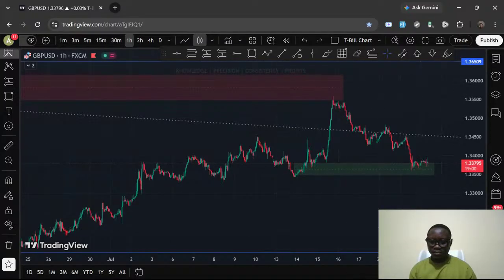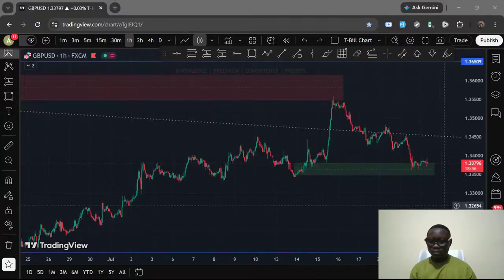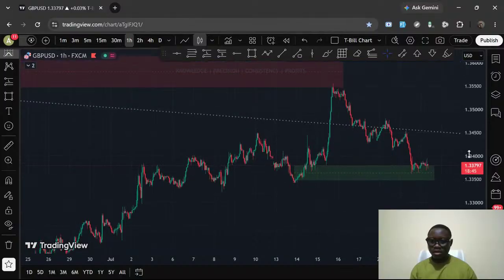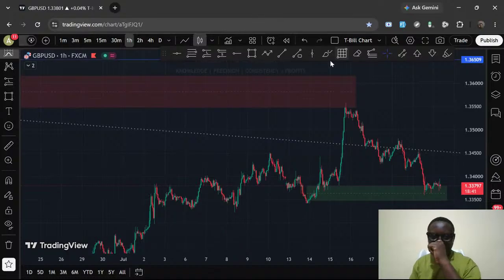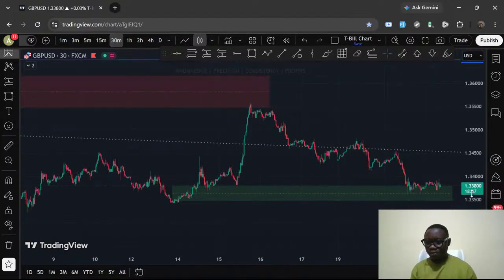And so we have this, what's it called? This structure, this right here. Okay. So let's look at the 30-minute time frame, which is actually our entry time frame.